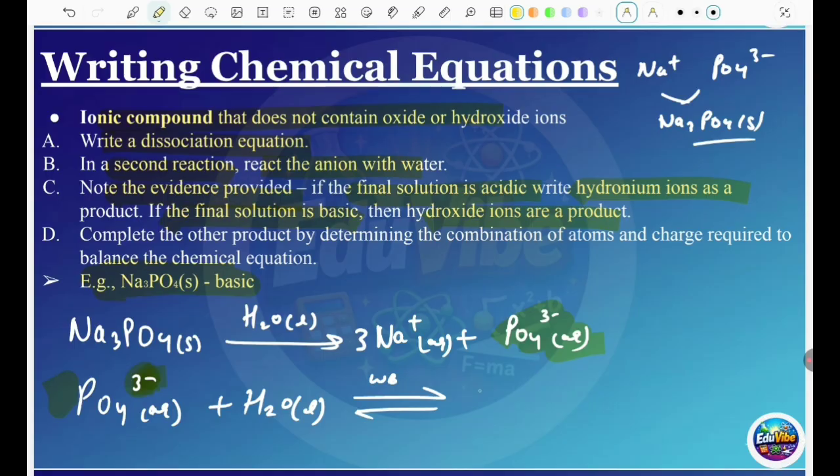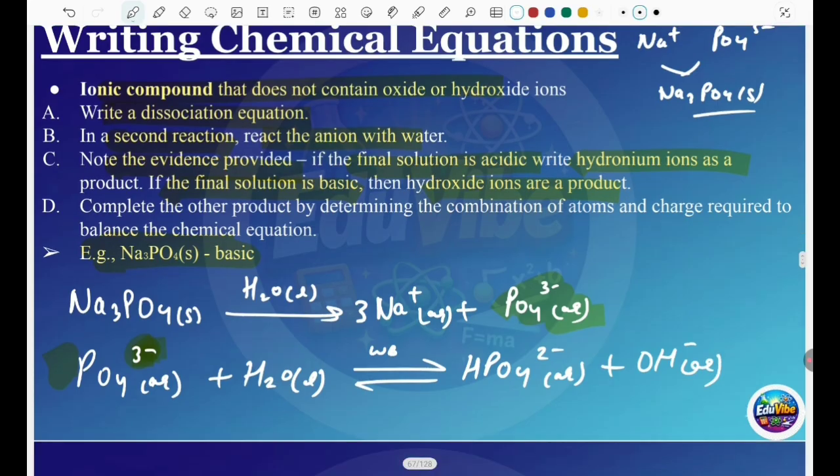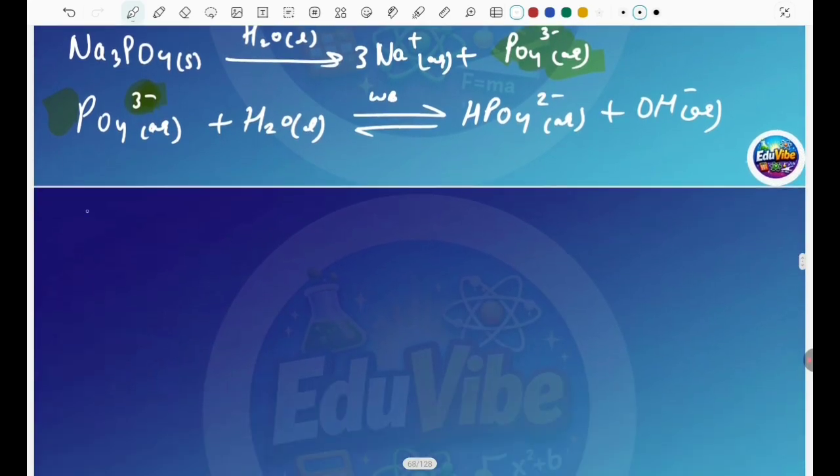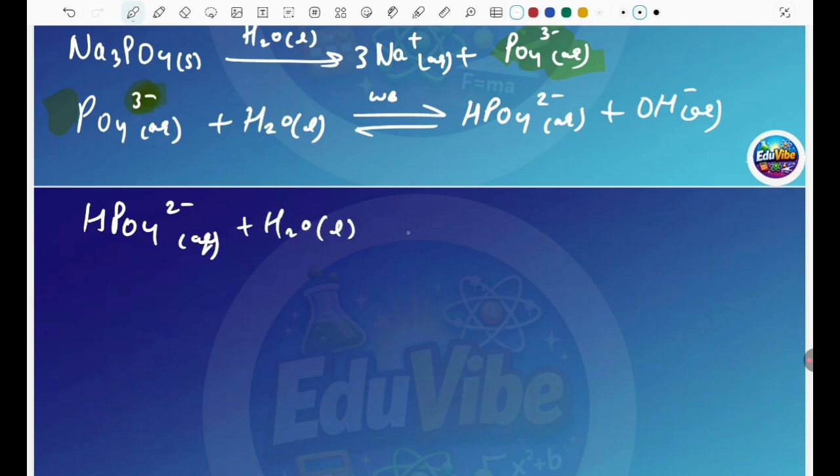First step, you get the first H at the front: HPO4. Now you are left with only 2 negative. And because this is basic, you always put OH negative as the second product. Now you take HPO4 2 negative aqueous plus water, weak base.